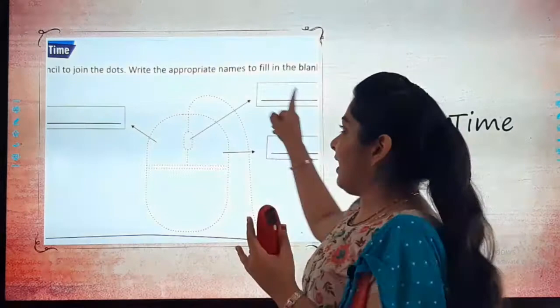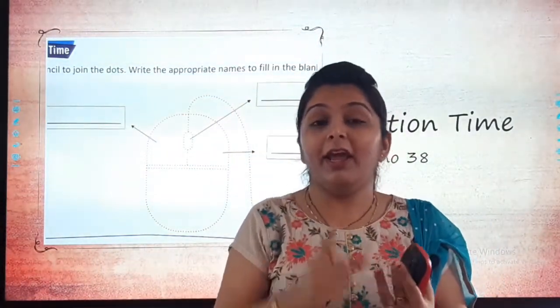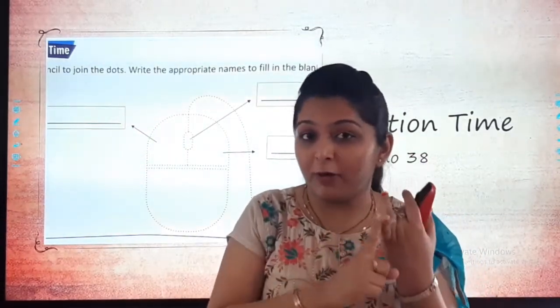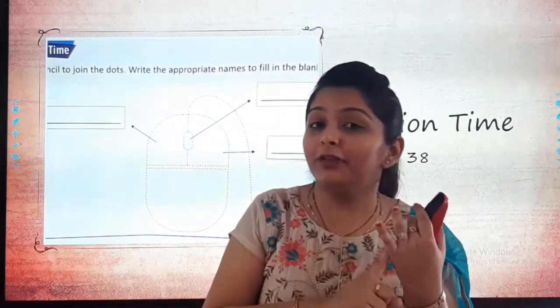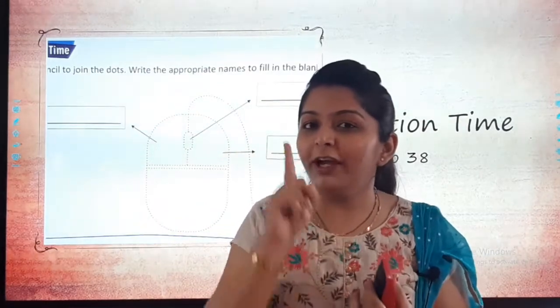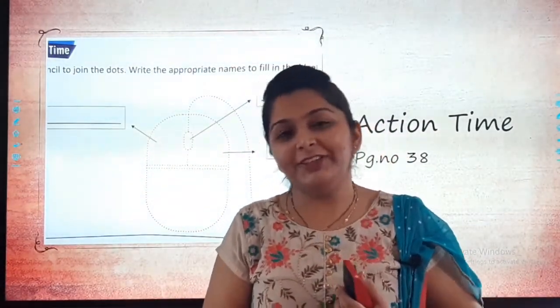See, 3 blanks are given. I will tell you the answers, but you have to place the correct answer in the correct blank. The first one will be the left mouse button, the second one will be the right mouse button, and the third one will be the scroll wheel. Now you have to decide which will be the left button and which will be the right button. Understood? Clear?